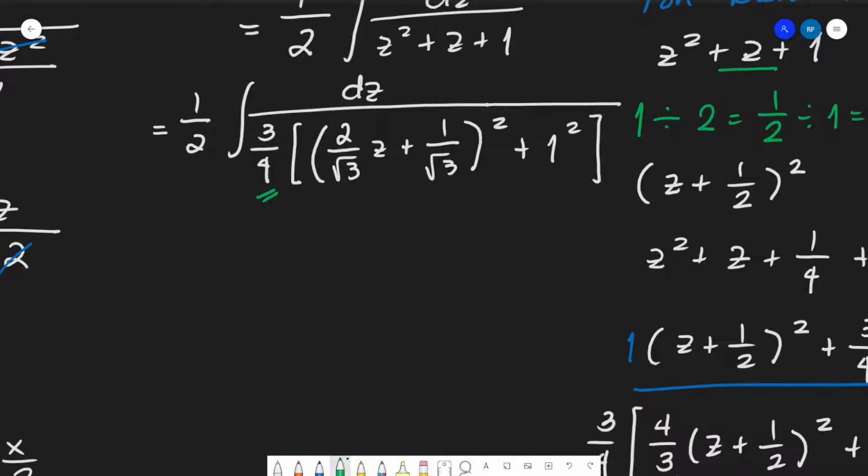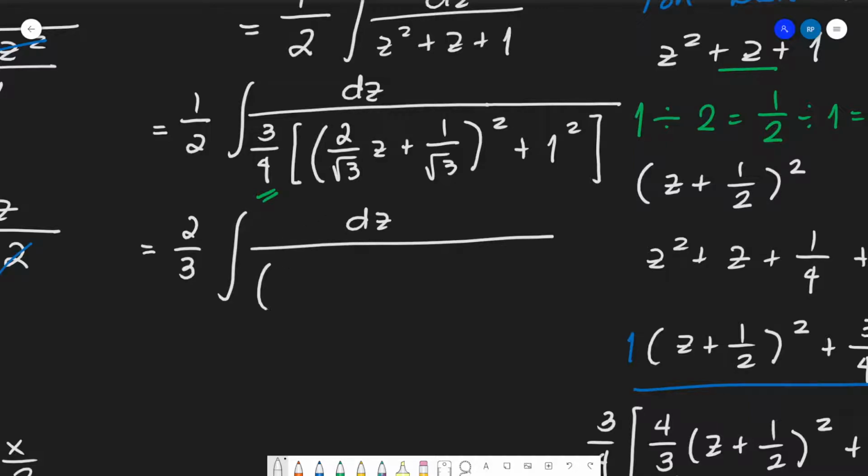Etong 3/4, ilalabas natin. Paano natin siya ilalabas? Since nasa denominator siya, kunin nyo muna yung reciprocal, then i-multiply nyo dun sa labas. So, 4 over 3 times 1/2 will give us 2 over 3. Okay? Times the integral of dz. Nire-rearrange ko lang, ha. 2 over square root of 3z plus 1 over square root of 3 squared plus 1 squared.